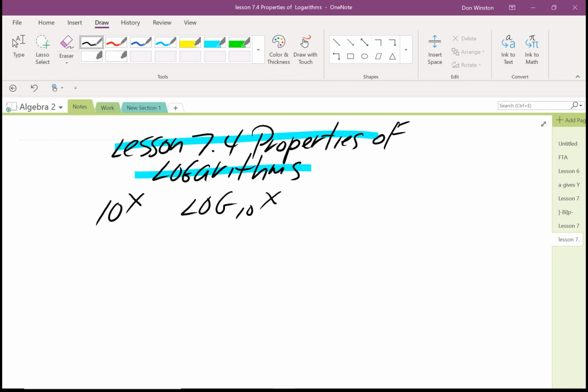So it's best to review a couple properties of exponents. So let's begin with what we learned last trimester. If I have a base raised to some exponent and I multiply that by the same base raised to an exponent, when you multiply powers, to recall, you add the exponents. So b raised to the x times b raised to the y will equal b raised to the x plus y.